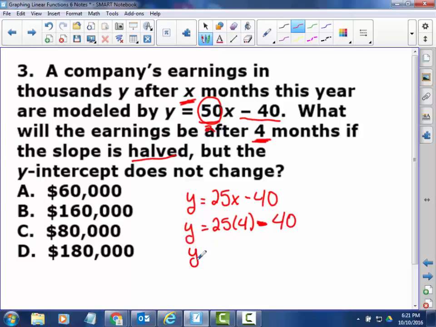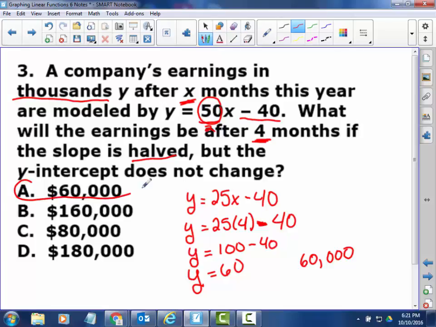So that would be my earnings Y would be 100 minus 40. So Y would be 60, but Y is in thousands, so my answer would be 60,000, which is answer choice A. Yay, go us, we found it.